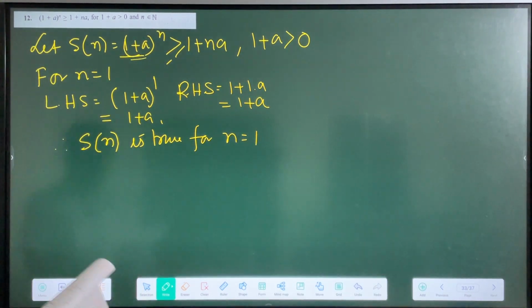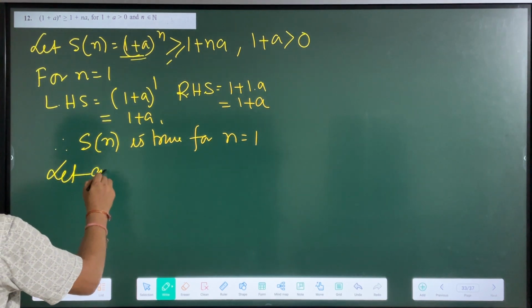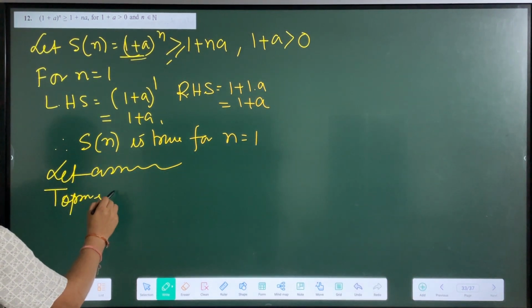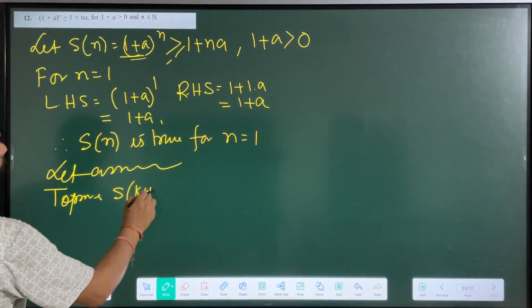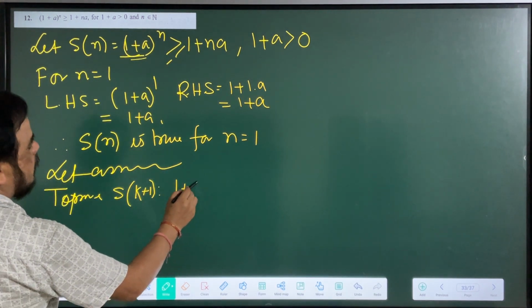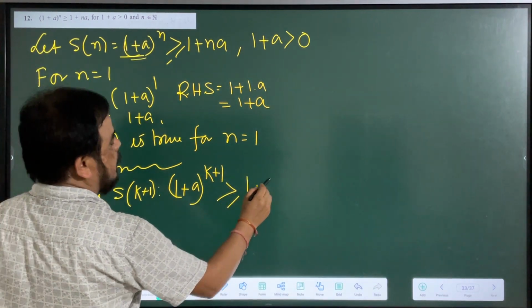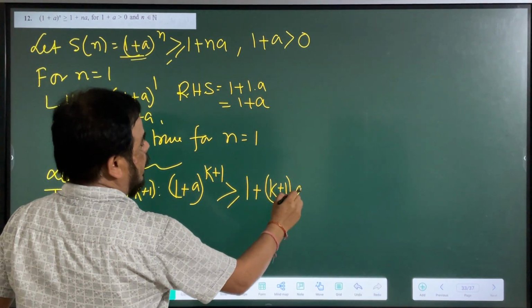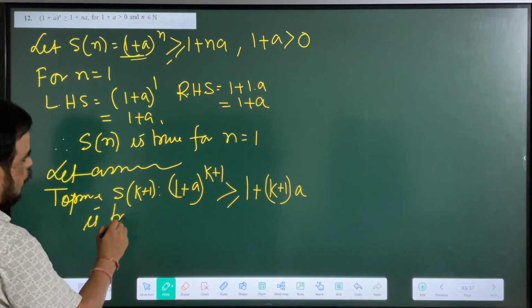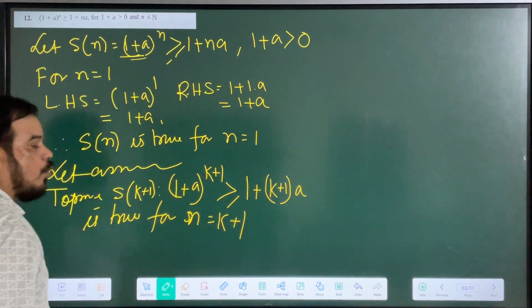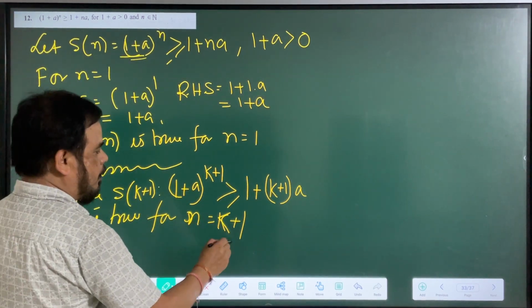Now the assume part you can write yourself, same meaning. Now to prove 1 plus a whole to the power k plus 1 greater than or equal to 1 plus k plus 1 into a is true for n equals k plus 1.